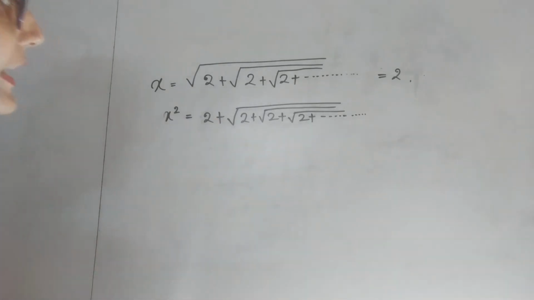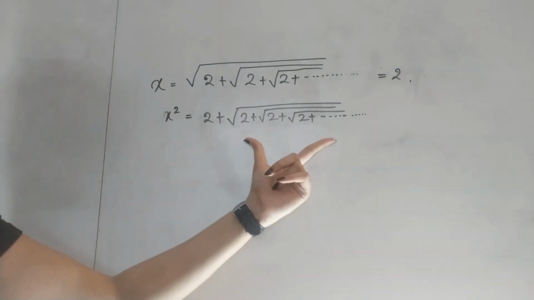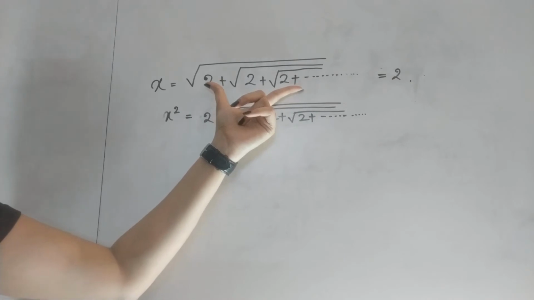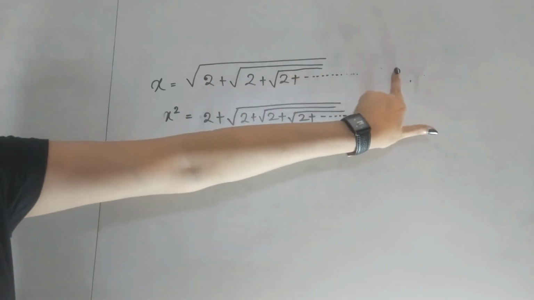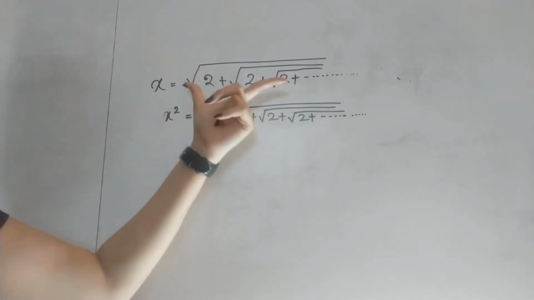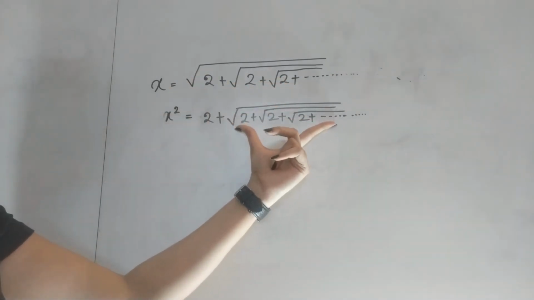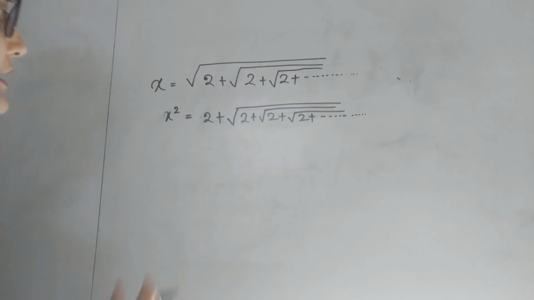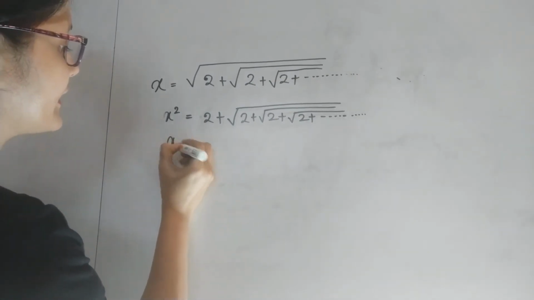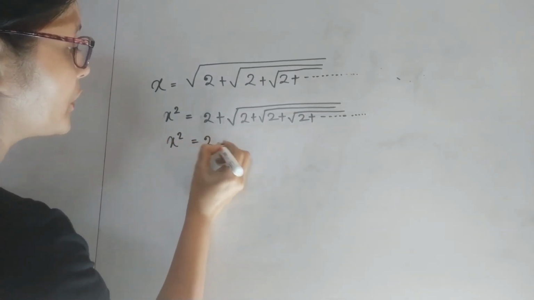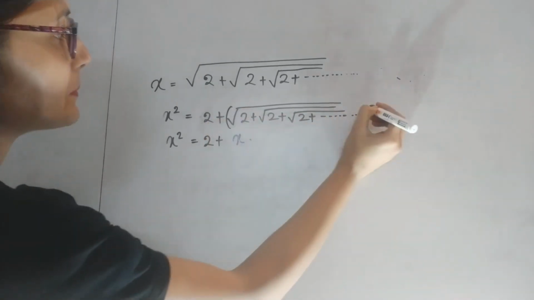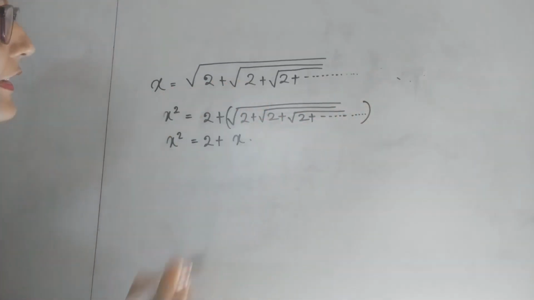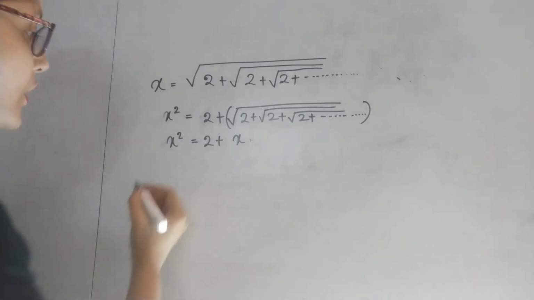Now see this part, this is exactly equal to this part, okay. So here we can say this one is also equal to x, so we can write it like this: x square is equal to 2 plus x, as this part is exactly similar to x, okay.